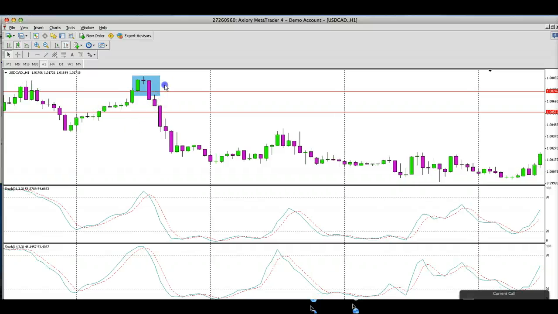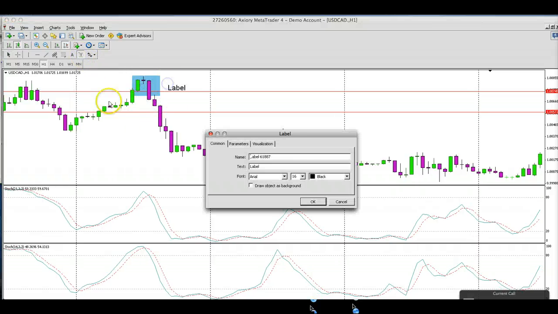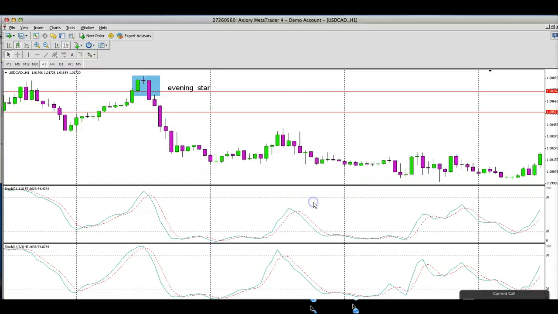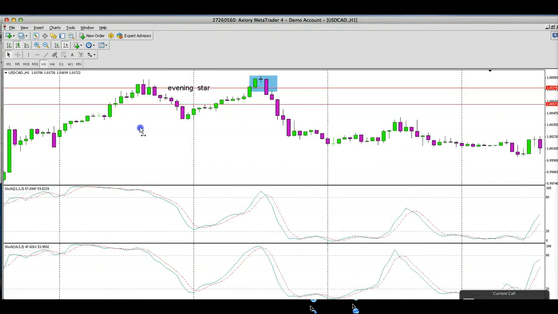Okay, so let me just write that down, evening star. So you'll have it. So you have evening stars and you have morning stars. Morning stars would be on the bottom, down here. Evening stars at the top. The morning star would be identical except upside down in reverse. Okay.